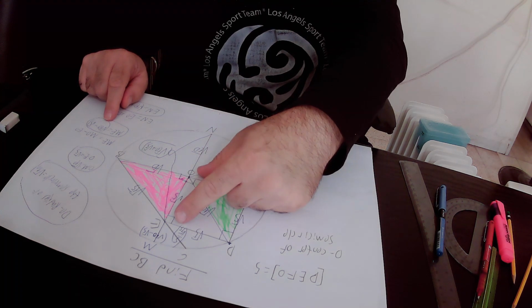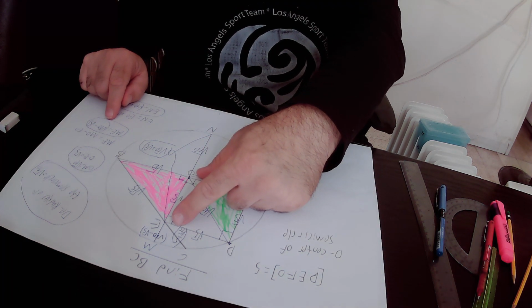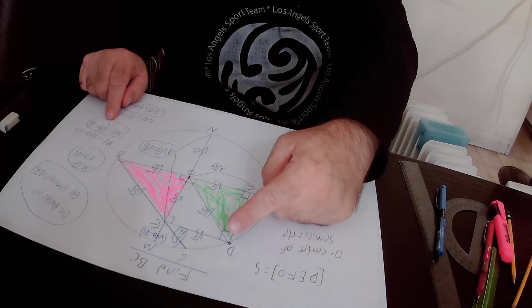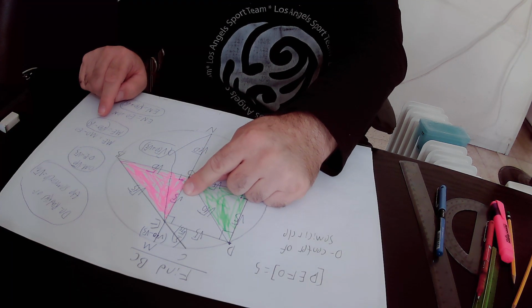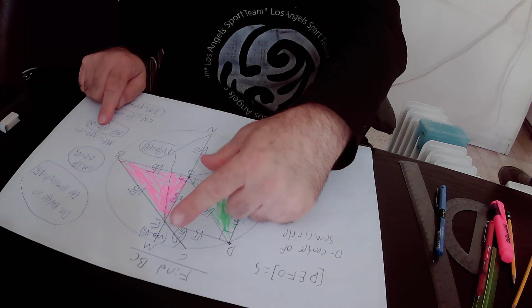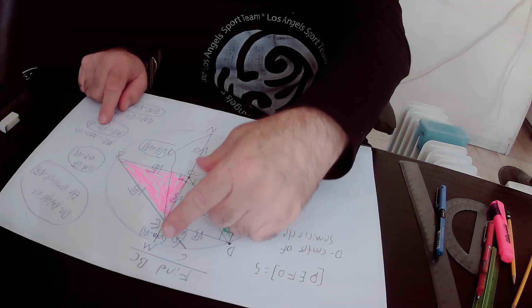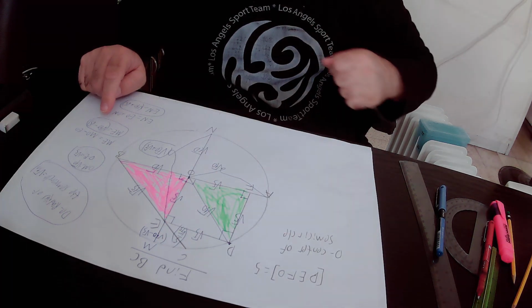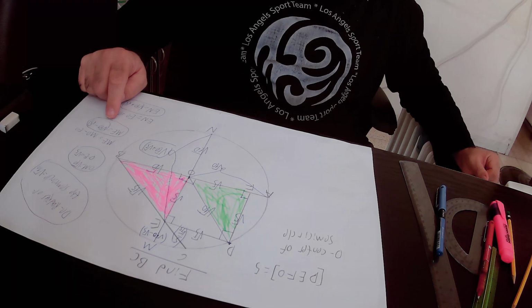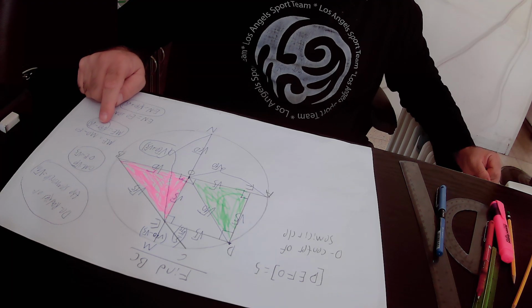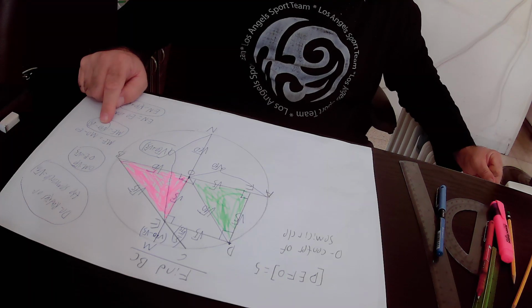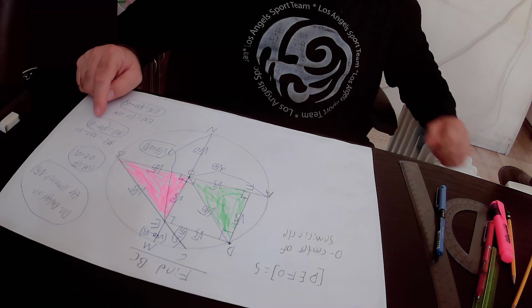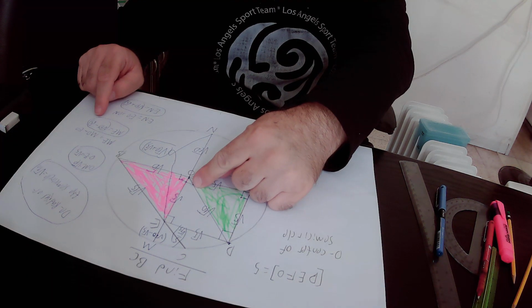We have already found that EO, which is one side of square DEOF, equals the square root of 5 units. Therefore ME equals MO minus EO. MO is the radius of the circle, equal to the square root of 10 units, minus EO, which is the square root of 5 units.